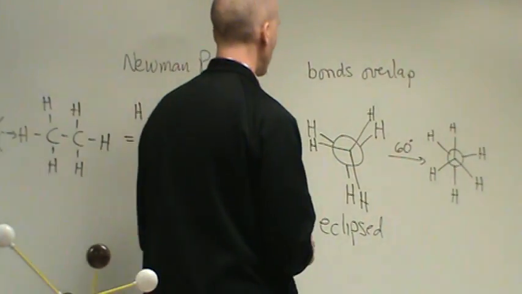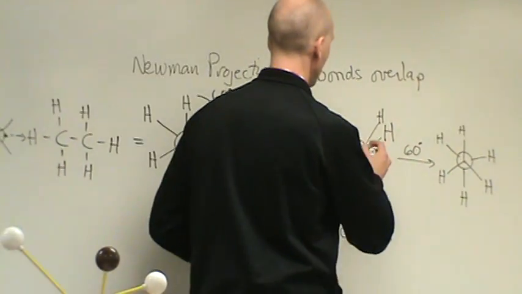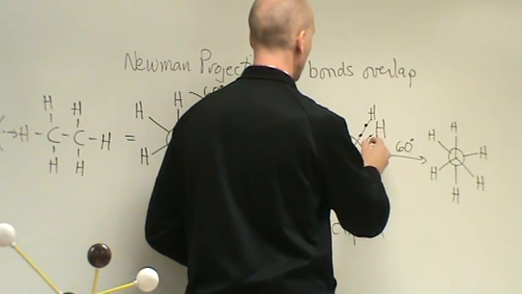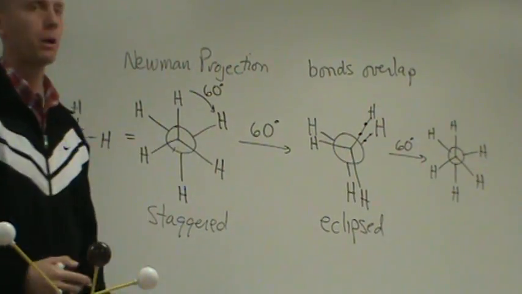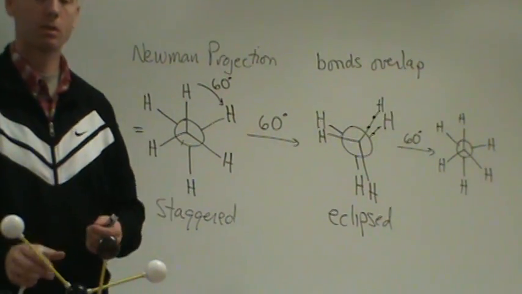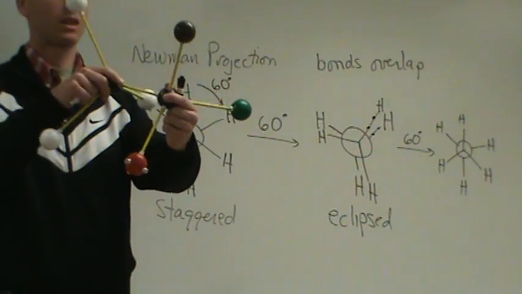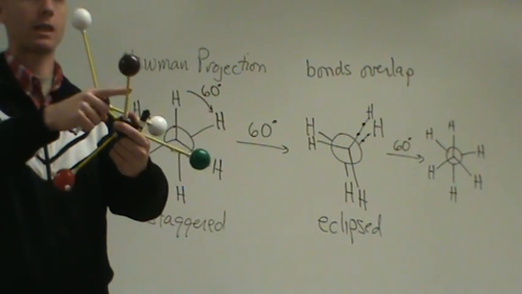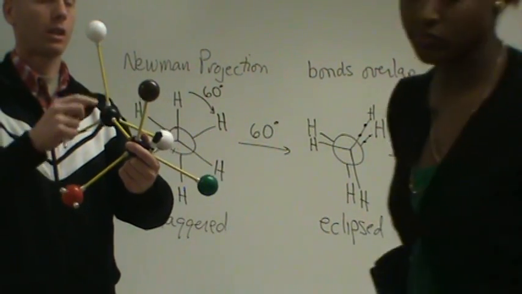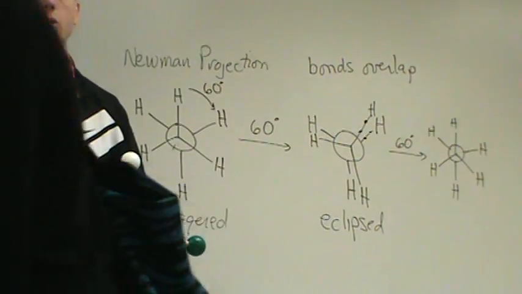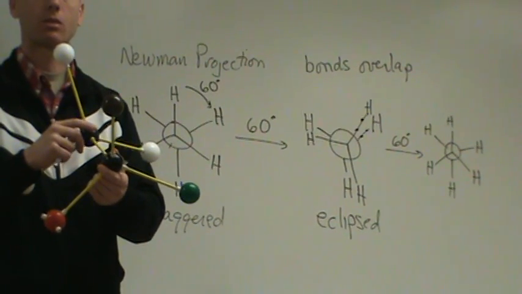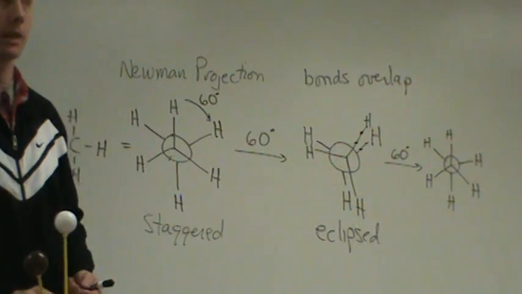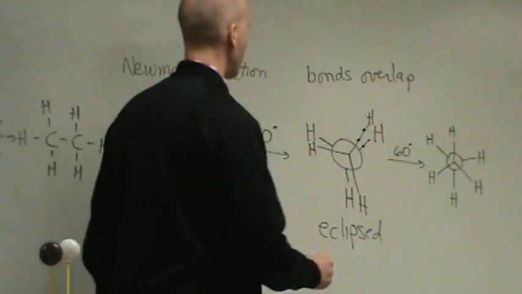So here, what happens is the electrons in the bonds, when they overlap, they're getting pretty close to each other here. And what happens when electrons get close to each other? They repel.